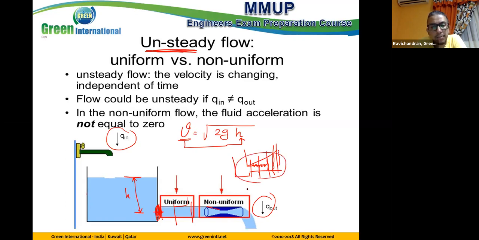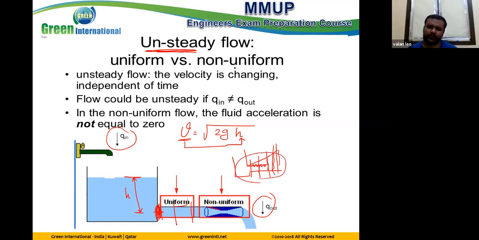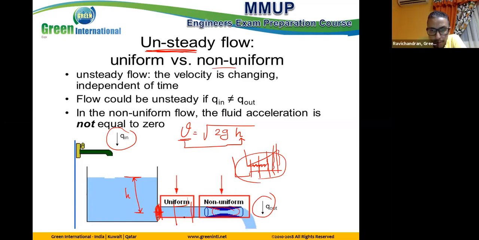In this case it is non-uniform, but in this case it is uniform. A change in diameter means non-uniform. Clear? So from the figure we can tell whether the flow is uniform or non-uniform. In this special case we can also understand the flow is unsteady.